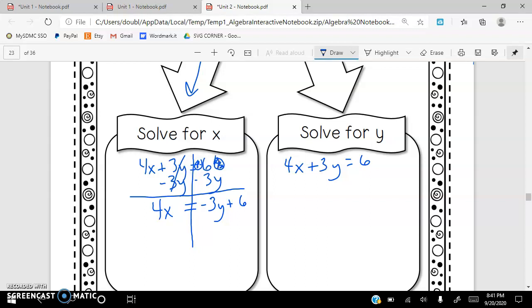Okay, so no y, and it's a positive 6. Now we should know that 4 and x are multiplying. Anytime a variable is touching a number or another variable, that means it's multiplying. So the inverse of multiplying is dividing. So we want to divide everything by 4.